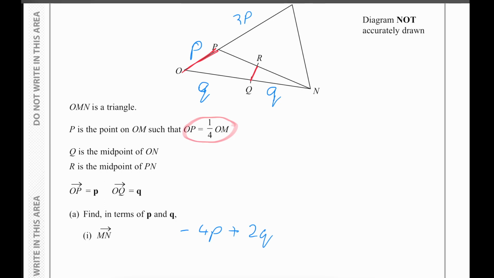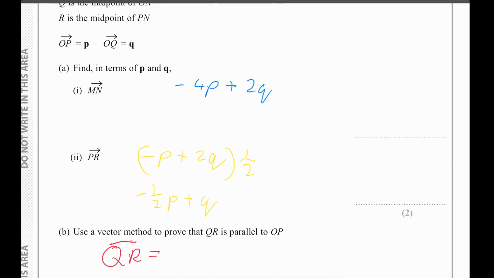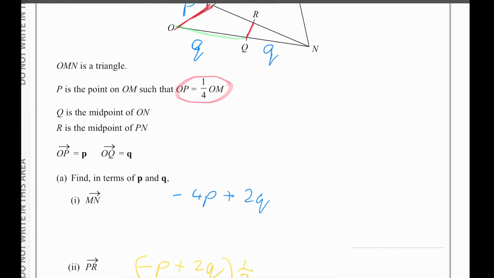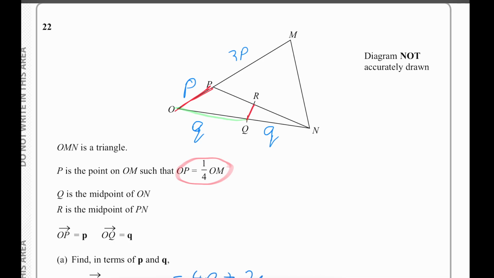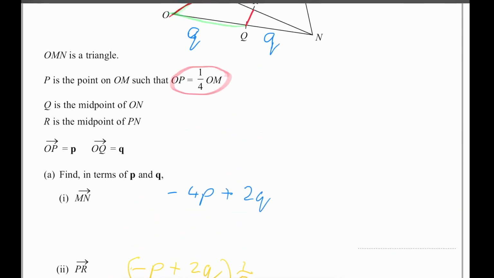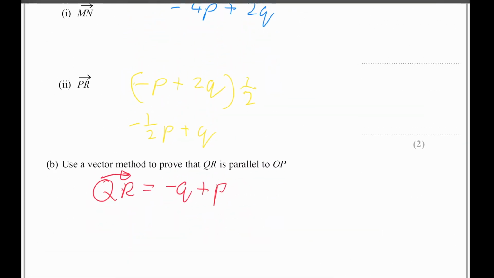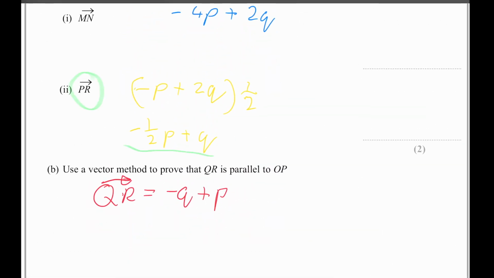To do that, I am going to go along from Q to O, so that's just negative q. Q to R would be negative q, and then we're going to go up to P, that's with the direction, so just plus p, and then down PR we've actually just worked out over here, so I'm just going to stick that straight in, minus 1/2 p plus q.